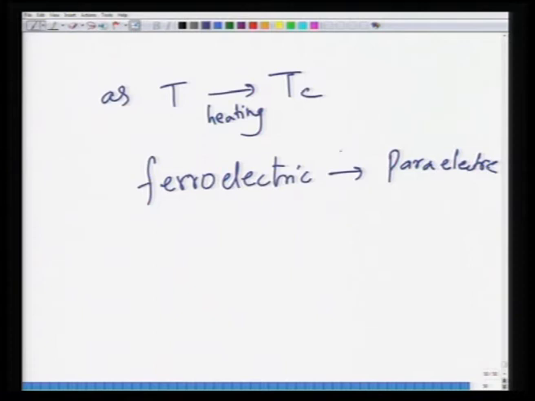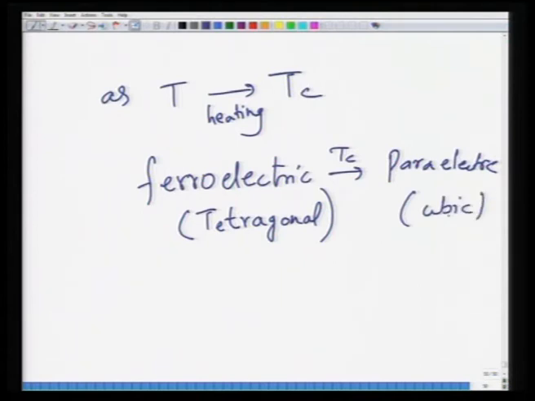So, at Tc it happens. Now, in ferroelectric state, for example barium titanate, it has a tetragonal structure and here it has a cubic structure. Now, what it means is that there is a phase transition.